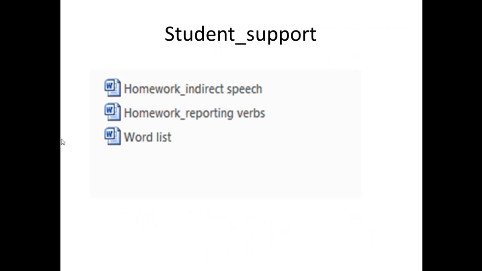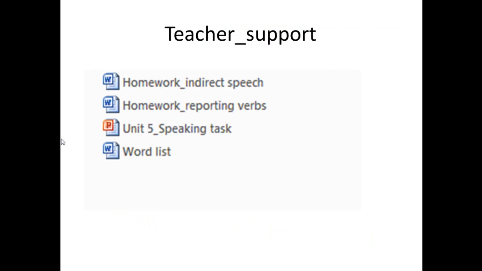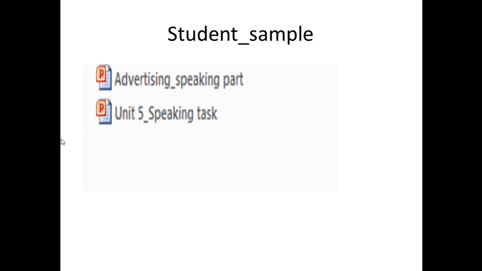In the student support folder, I have the homework for indirect speech, homework for the reporting verbs, and the word list. In the teacher support folder, I also have homework for the grammar part and one PowerPoint presentation for the speaking task.